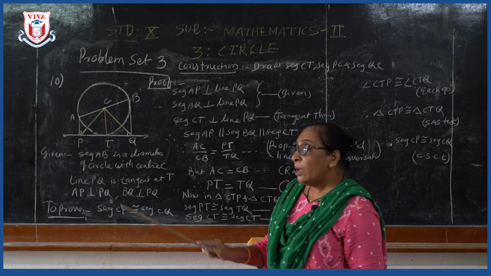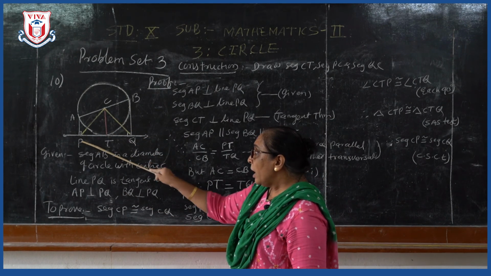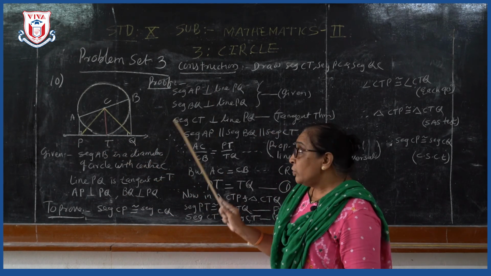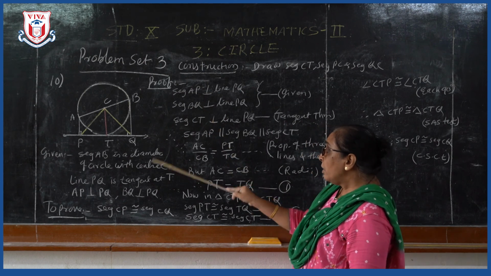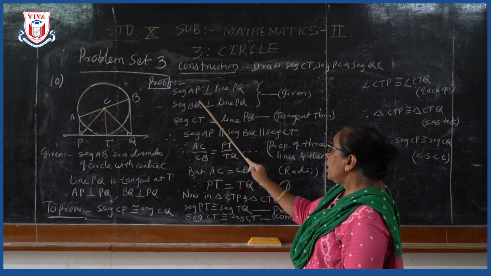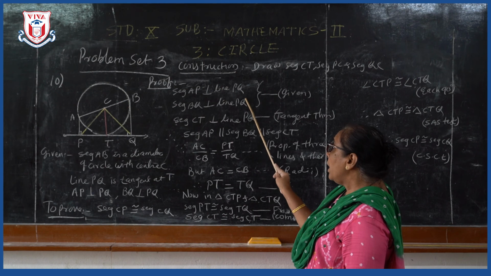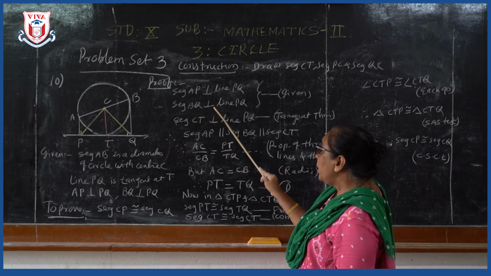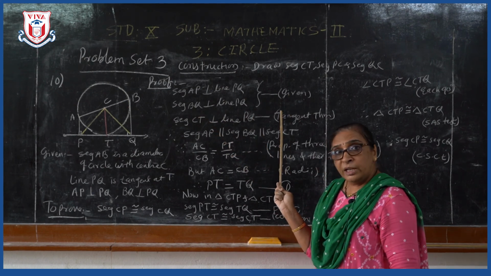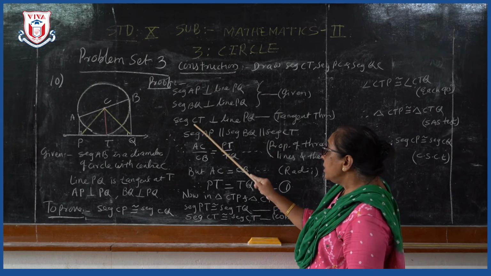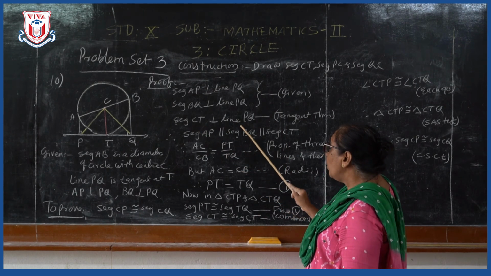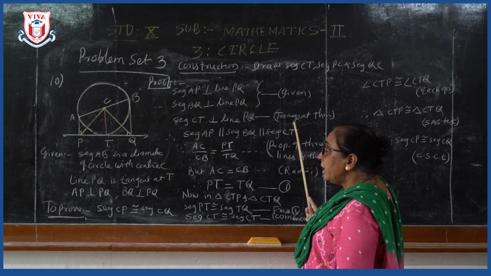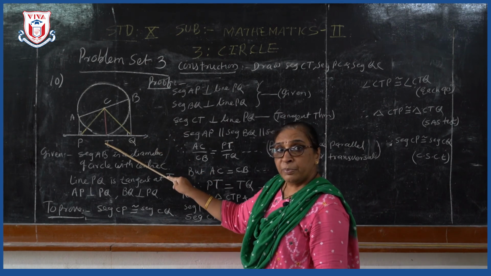CT is perpendicular to line PQ. So in the proof we can start with the given information. Segment AP is perpendicular to line PQ, segment BQ is perpendicular to line PQ, that information is given, and segment CT is perpendicular to line PQ, that is the tangent theorem.